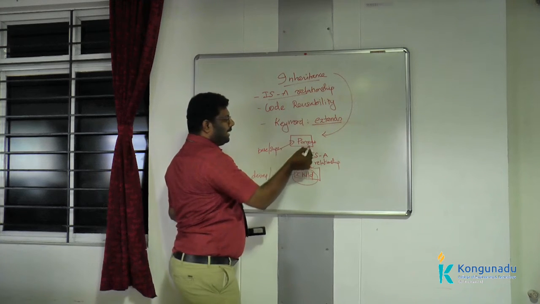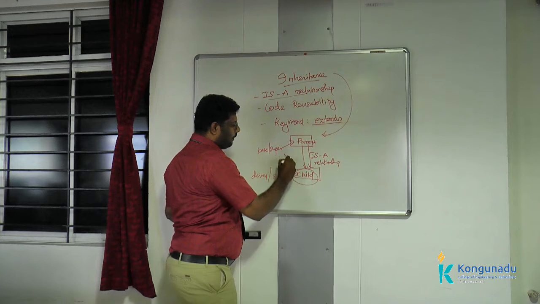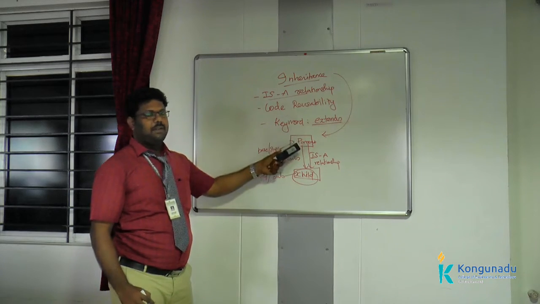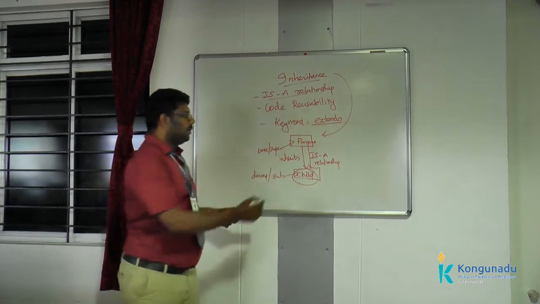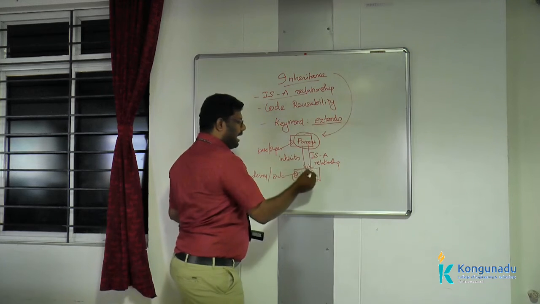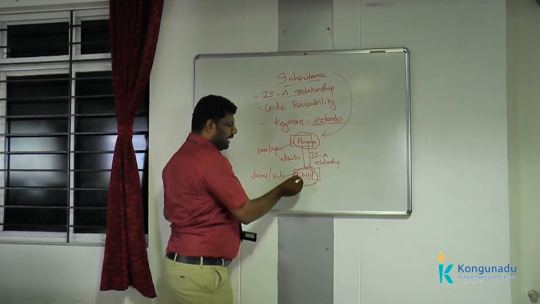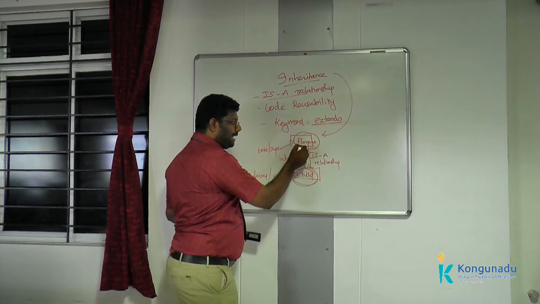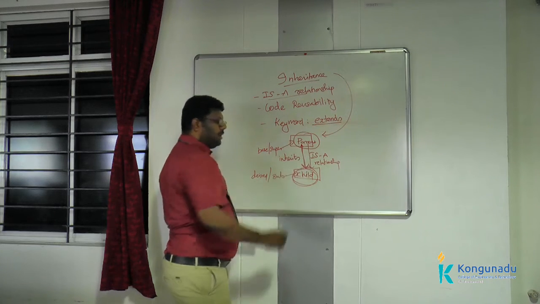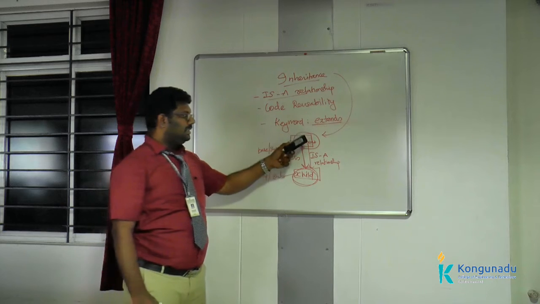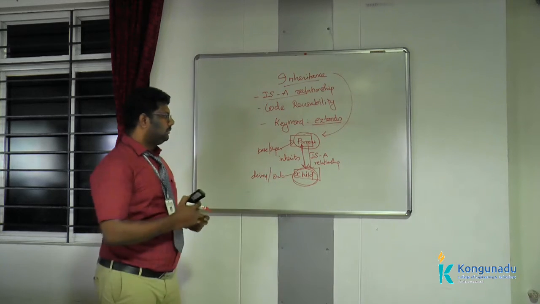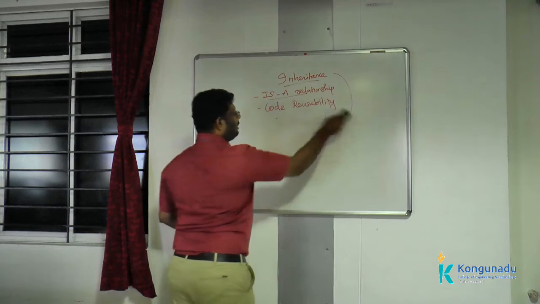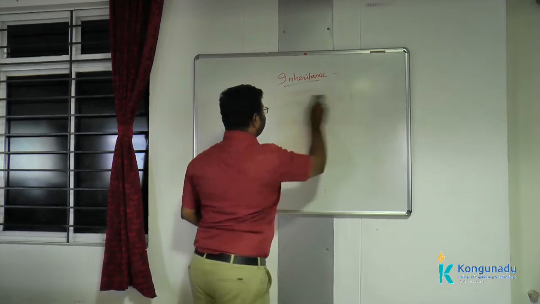So inheritance inherits features from an existing class, or features from another class. Here there are two classes, the parent class and the child class, and the parent class features are inherited by the child class.